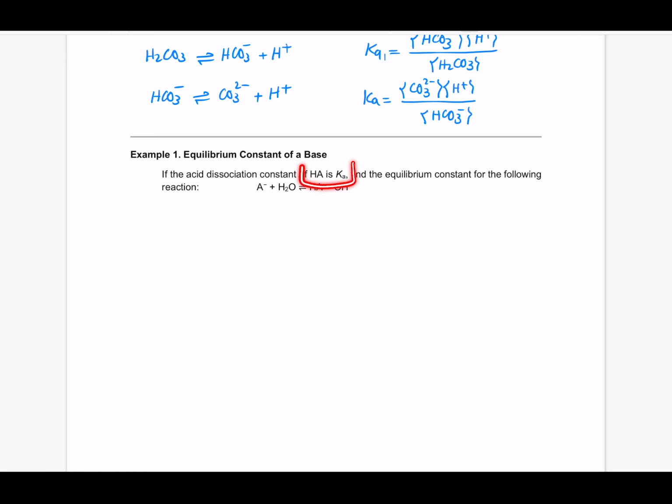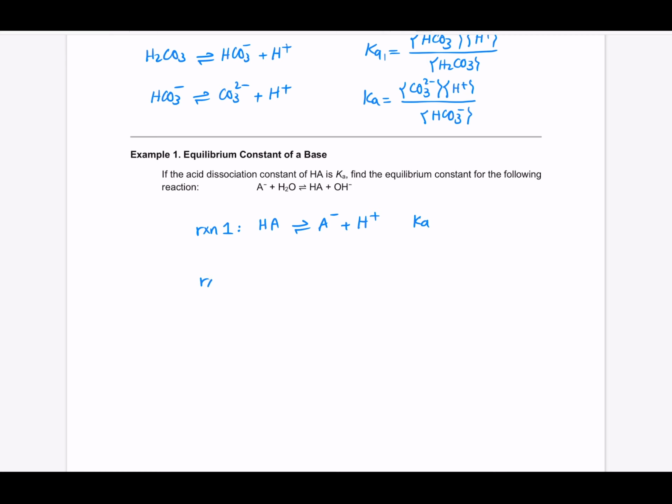We have that information. Now we want to use it to look at the equilibrium constant of this reaction. So reaction 1, let's call it, would be Ka. It has to be in the standard format in which we're producing protons. So this would be Ka.